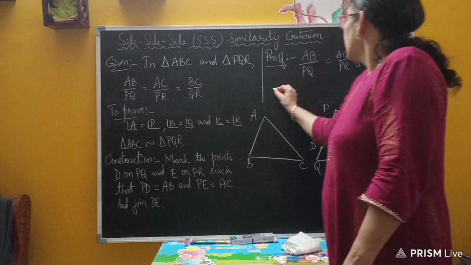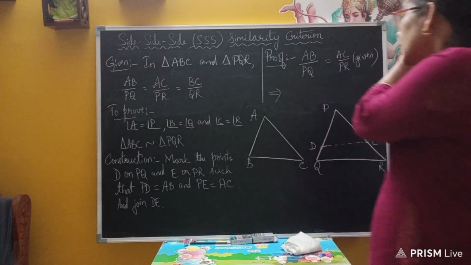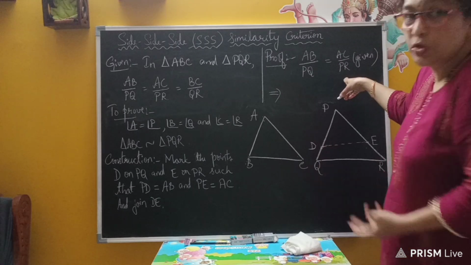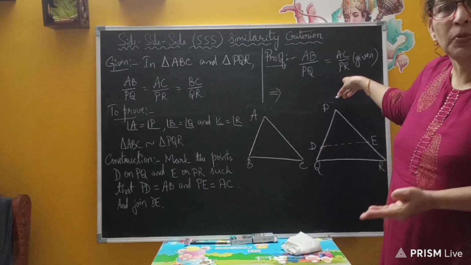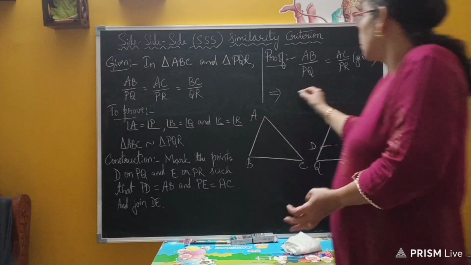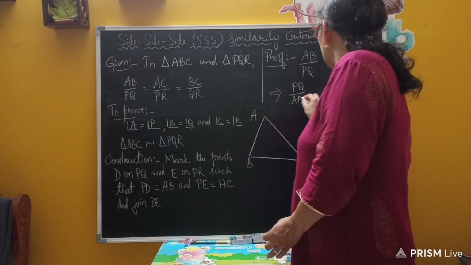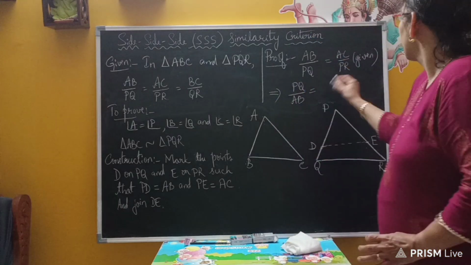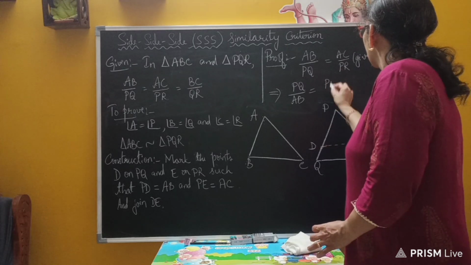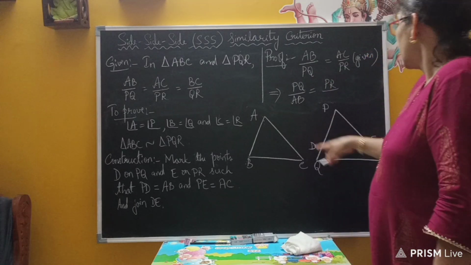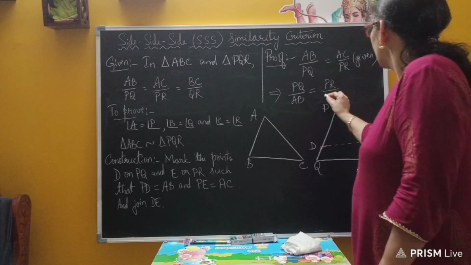Okay, now if these two ratios are equal, what about their reciprocals? They are also equal. So this implies PQ by AB is equal to PR by AC.